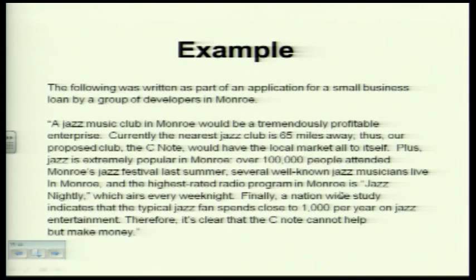And there's a statistic here given to you. A nationwide study shows that a jazz fan spends about $1,000 per year on jazz products. So that's why to establish a jazz club in Monroe would be a good idea. So that's all the reasons. Do you think that all the reasons here are logically flawed in some ways?